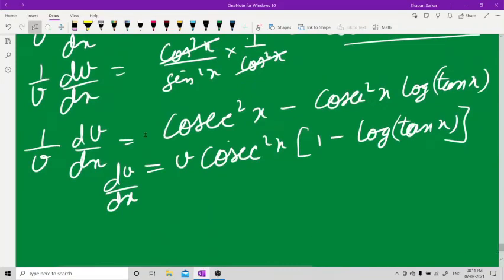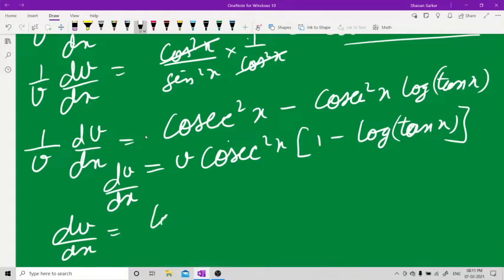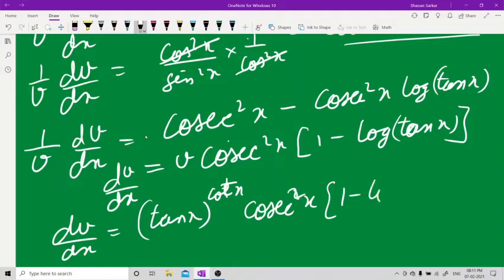So dv dx is tan x to the power of cot x into cosec square x into 1 minus log tan x. This is the way it is. Now this will be equation number 3.